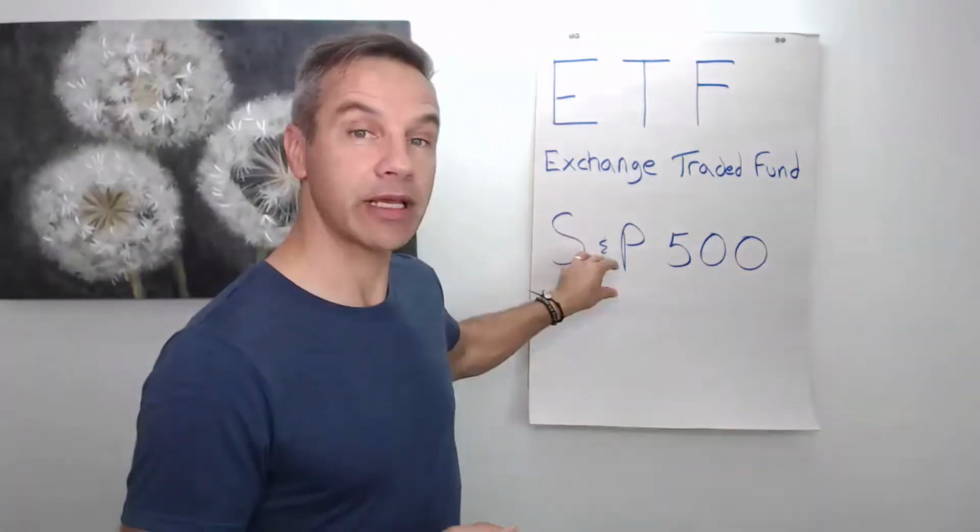So if you buy an exchange traded fund that mirrors the S&P 500, it will go up and down the same as the actual index itself, minus any fees that are charged internally inside the ETF by the promoter.